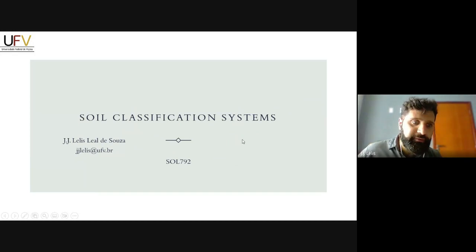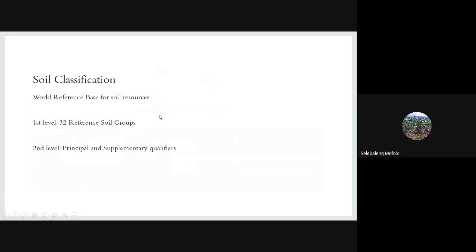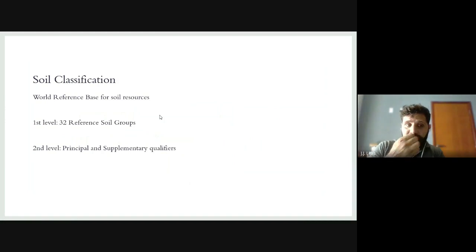So today we start to discuss soil classification. After the discussion about the diagnostic horizons, we start to see how to classify soils. According to the World Reference Base for Soil Resources, we have two levels for soil classification.